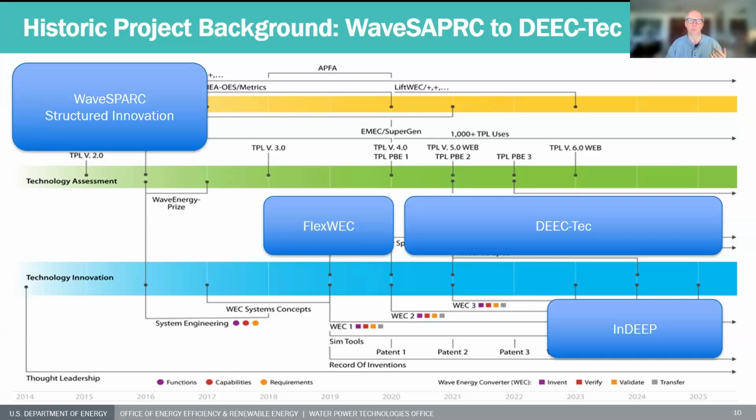There's also a previous prize, on a smaller level, the Wave Energy Prize on the top left. We didn't put a new bubble in for it, but that's also where this project serviced a prize. And in the same way, now DEEC-Tec is servicing the InDEEP prize.